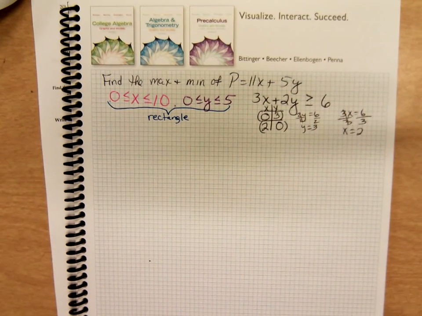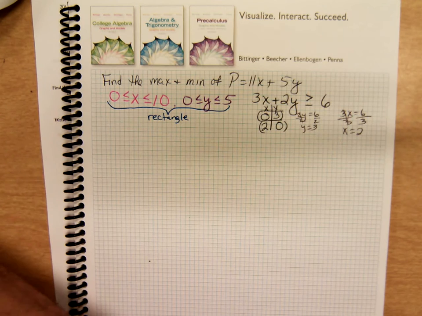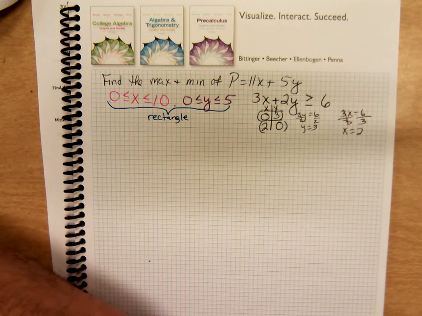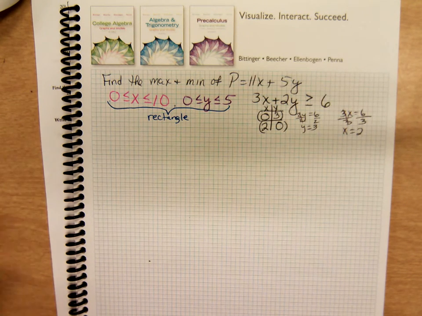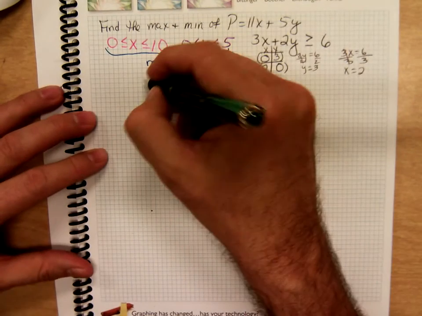Now, to graph this, let me set up my rectangular coordinate system using some of this graph paper provided by Pearson.